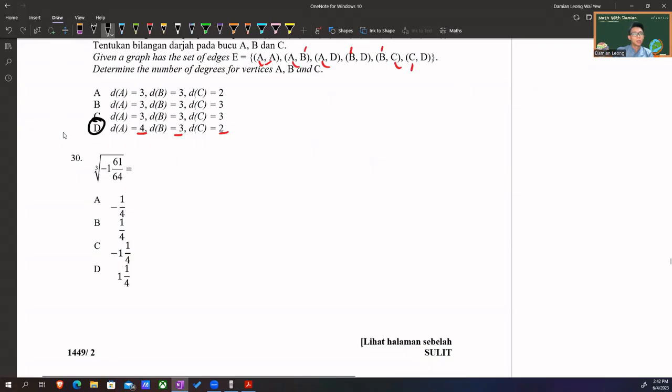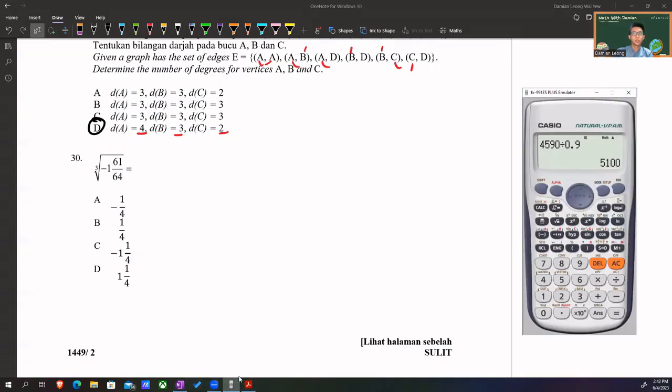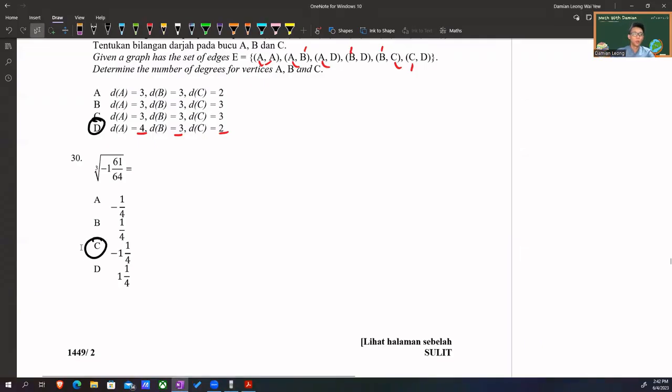Then question 30. Cube root of this. Actually, because it's a Paper 1 question, you can even just key straight away into the calculator. Cube root of negative 1 61 over 64. You will straight away be able to get the answer, negative 1 over 4.